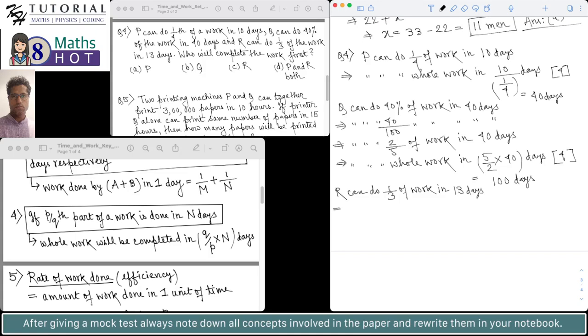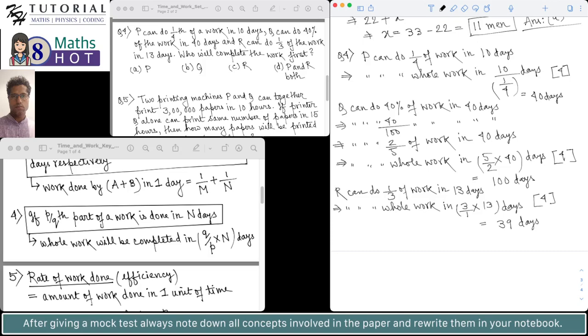So this implies R can do the whole work in 3 by 1 multiplied by 13 days. Again, the concept applied is concept number 4. This is equal to 39 days.